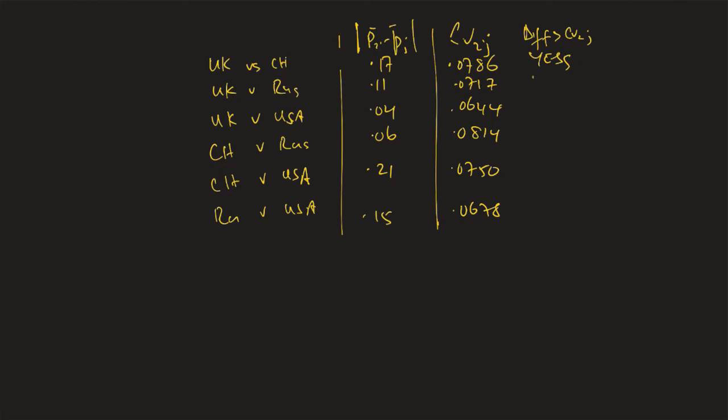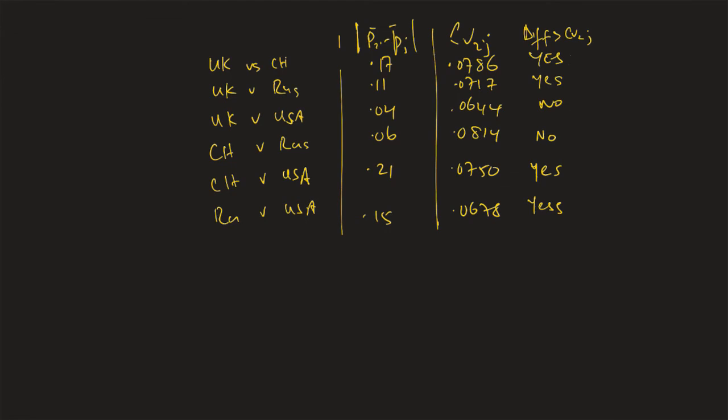The next case, the answer is also yes. But then we have a no, no, yes, and yes. So that's a Marascuilo test. Only 2 of the comparisons are not significant, but 4 out of 6 are significant, giving us evidence that there is a difference between some of these proportions.